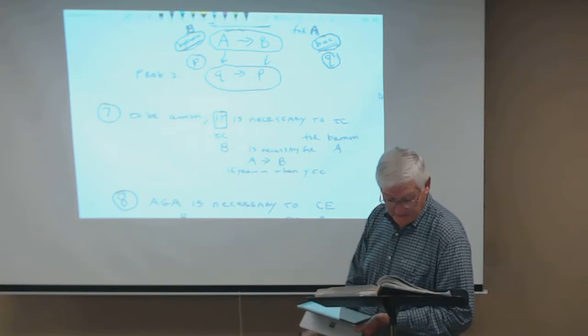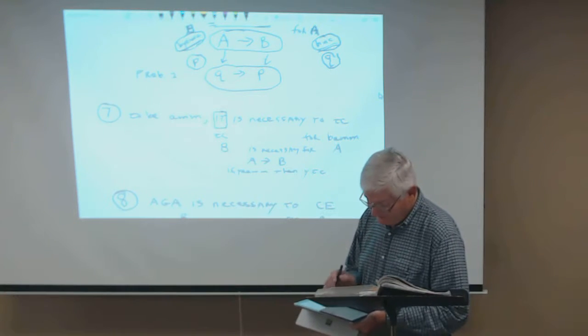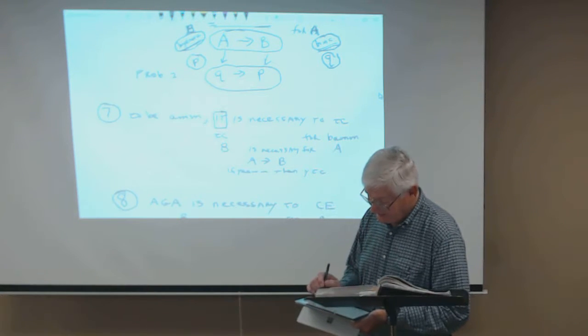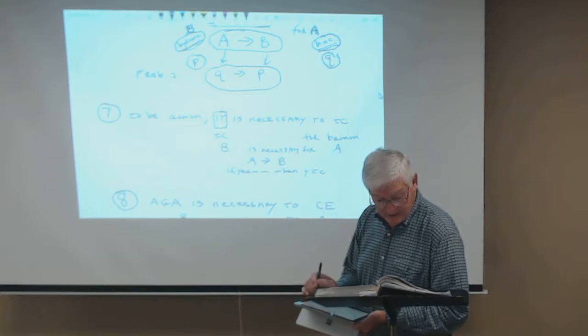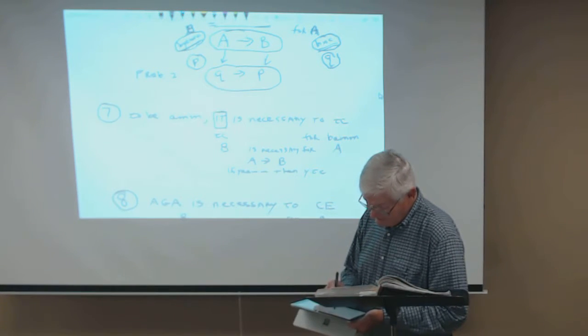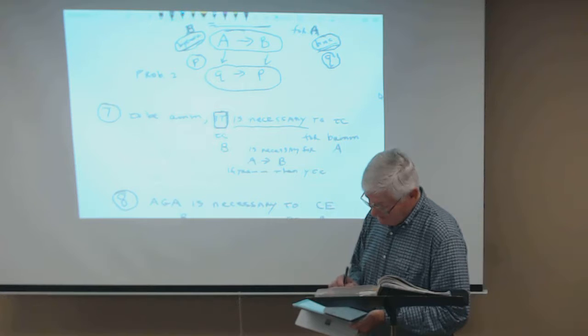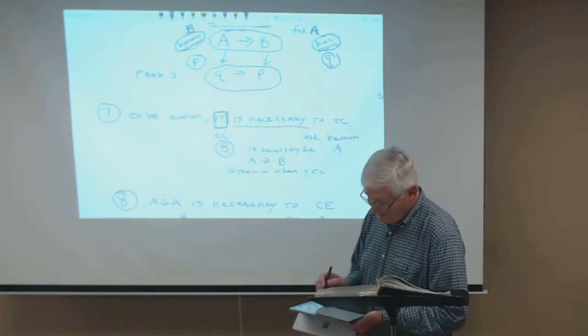Number 7 says, to be a math major, it is necessary to take calculus. So here's that word "it" again. It is necessary. So that would be B. Go back to your chart.